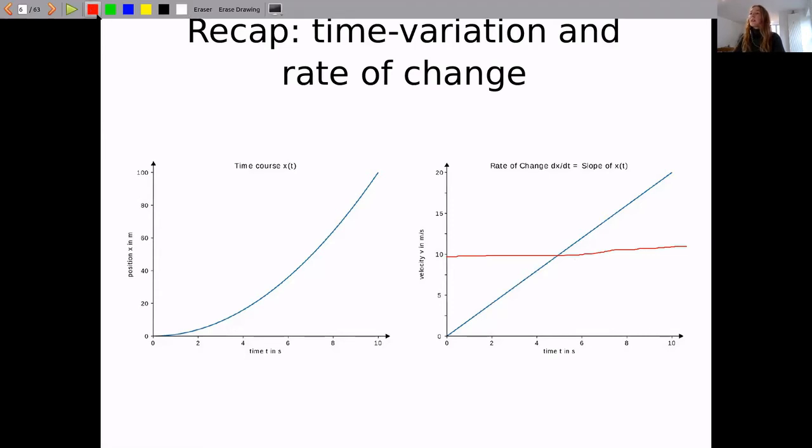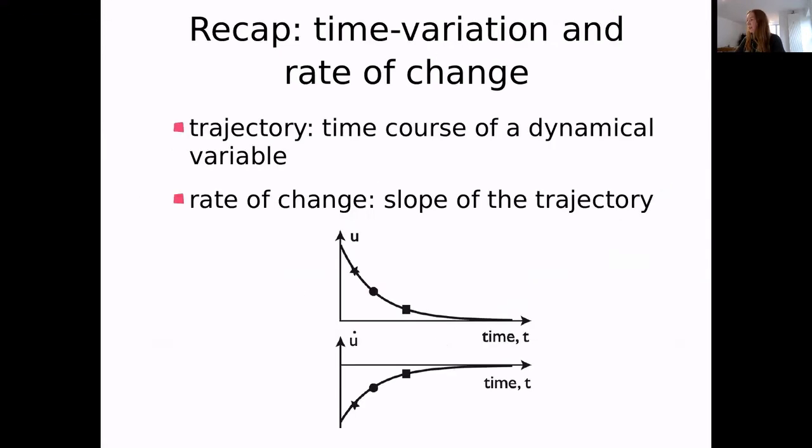Okay, now. Good. So I already said that we call this the trajectory or time course of a dynamic variable, and then we have the rate of change, which is the slope of the trajectory. And here's another example.